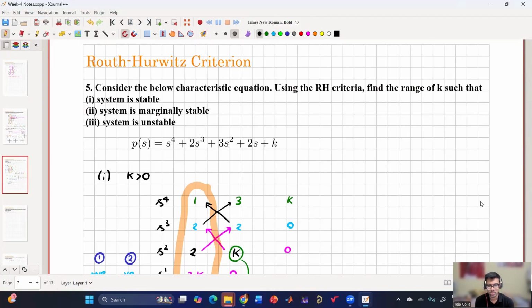Just by seeing the polynomial, we can't actually say. Sorry, the whole row has to be zero. It's okay.